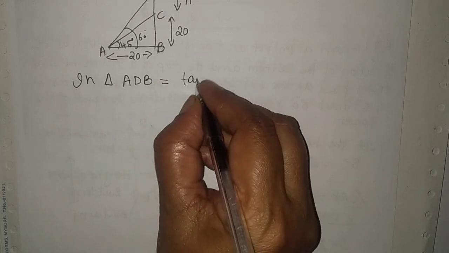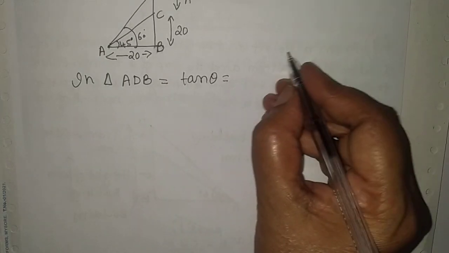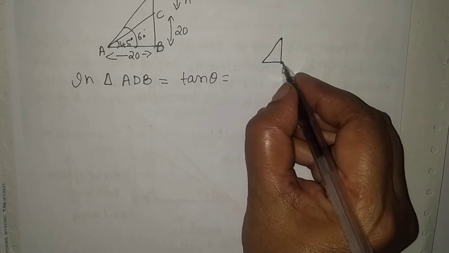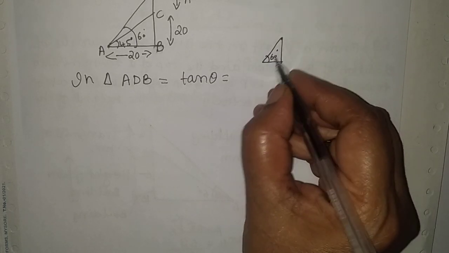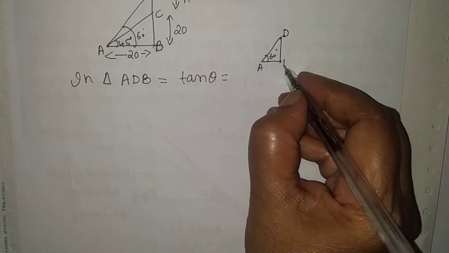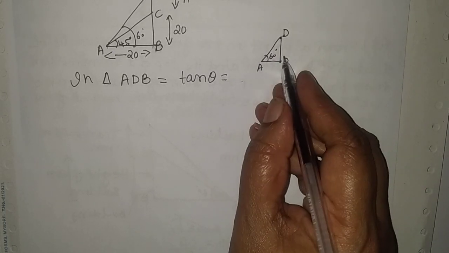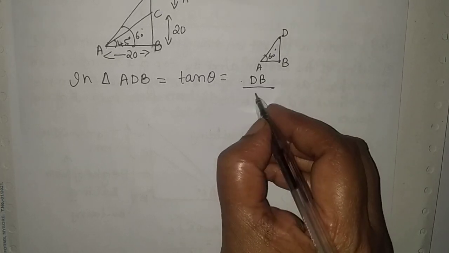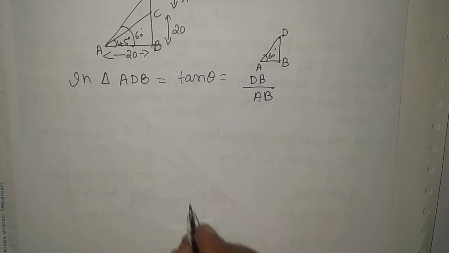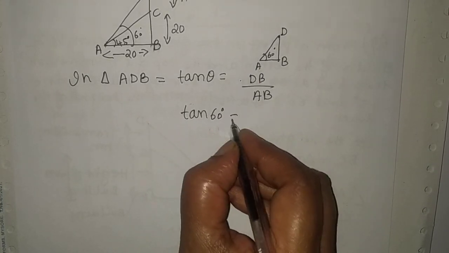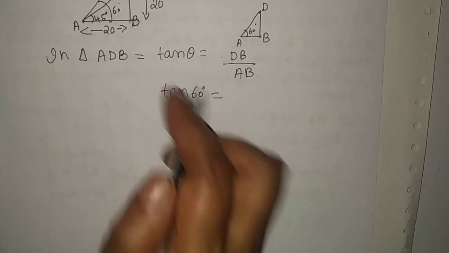What is tan theta? We consider this triangle with elevation 60 degrees, A, D and B. So tan theta is equal to DB by AB. So tan 60 degrees is equal to DB by AB. What is DB?